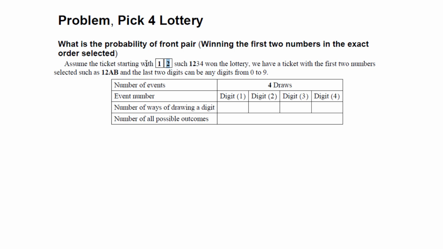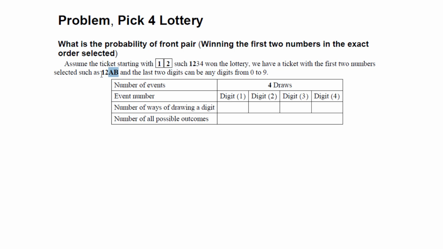Any ticket with these 2 digits 1, 2 is going to be a winning ticket for the front pair case. We don't care what the last 2 digits are. They could be any number. They could be 57, 09, 99, whatever. So in such case, we have the first 2 digits fixed and the last 2 digits are different.